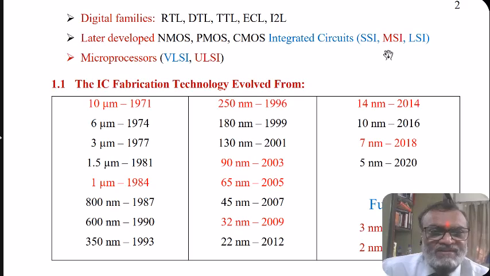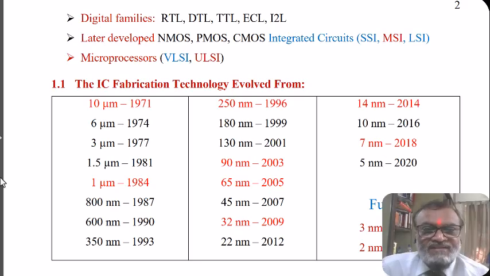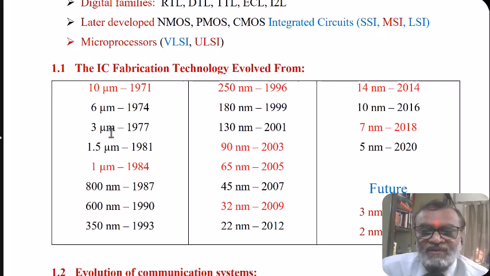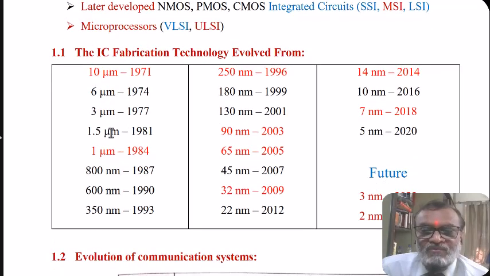Whereas very big devices like microprocessors and microcomputers and the complex circuitry can be developed using the technology called VLSI, very large scale integration systems, and ultra large scale integration technology. The IC technology evolved from 1971 to 2024 as shown in the table.